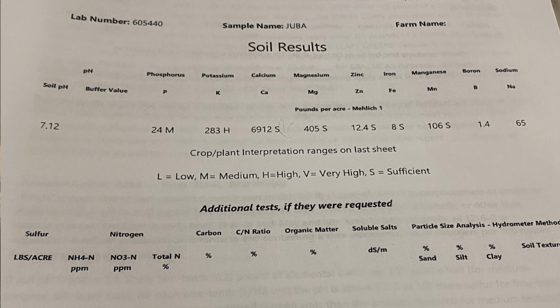It tells you your phosphorus, potassium, carbon, magnesium, zinc, iron, manganese, boron, and sodium, and whether you're low, sufficient, and any additional tests. That's really cool and very helpful. If you love a plant and every year you keep trying and it's dying, this is like a foolproof. It'll tell you exactly what's going on.